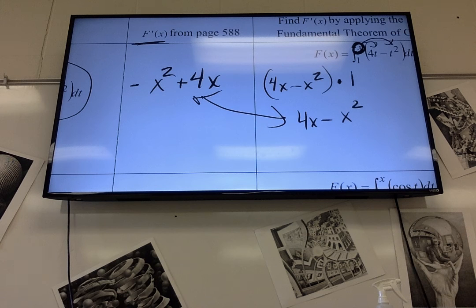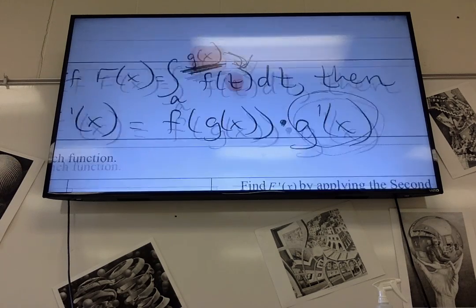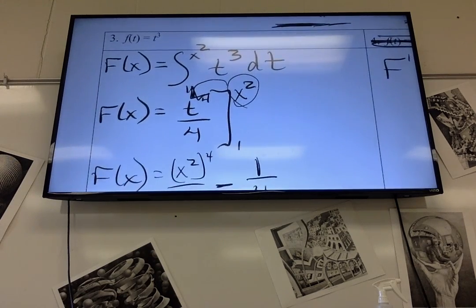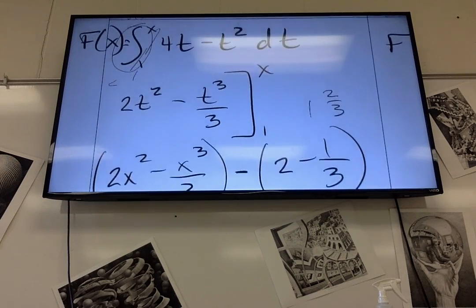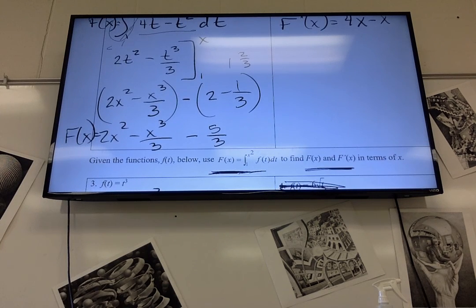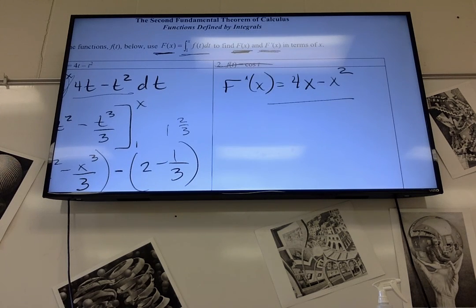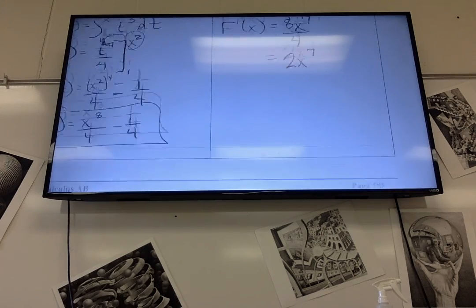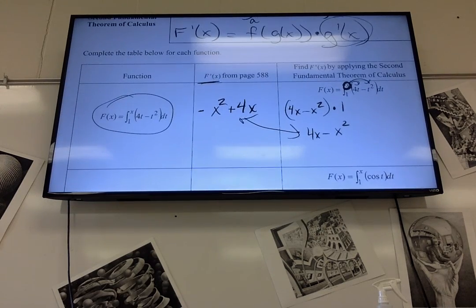So instead of going through the long, drawn out process that we went through Friday, in which we took the antiderivative, plugged in the endpoints, and then turned around and took the derivative, we could have just done it this way using the second fundamental theorem.